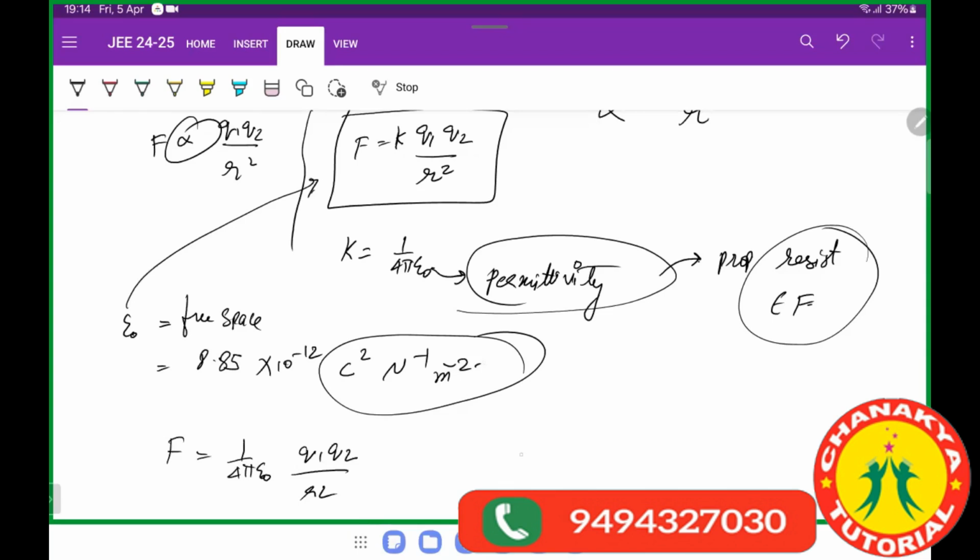Now we want epsilon naught. 4 pi doesn't have any unit. So epsilon naught equals q1 q2 by F r square, because epsilon naught and F get exchanged. Here charges are in coulomb, force in newton, r square in meter square. So by this we can form the unit.